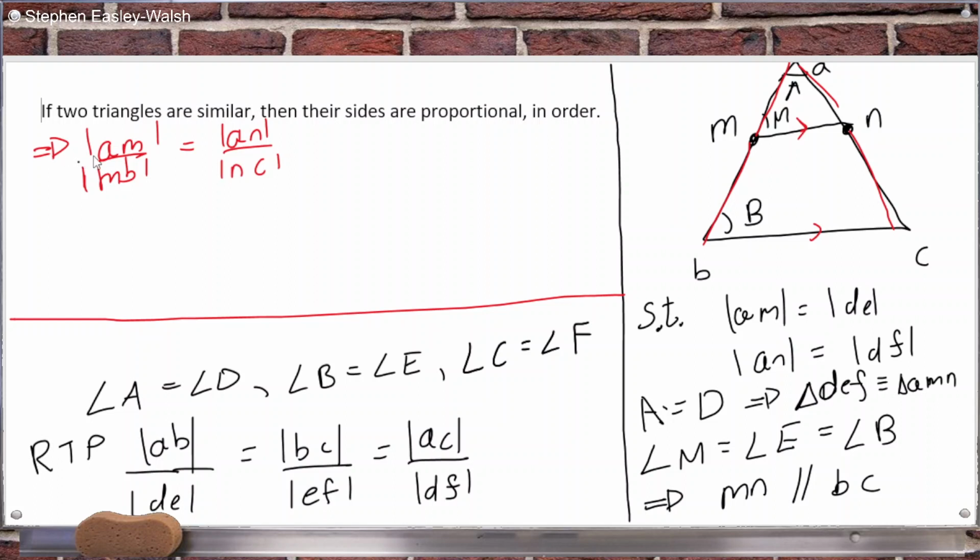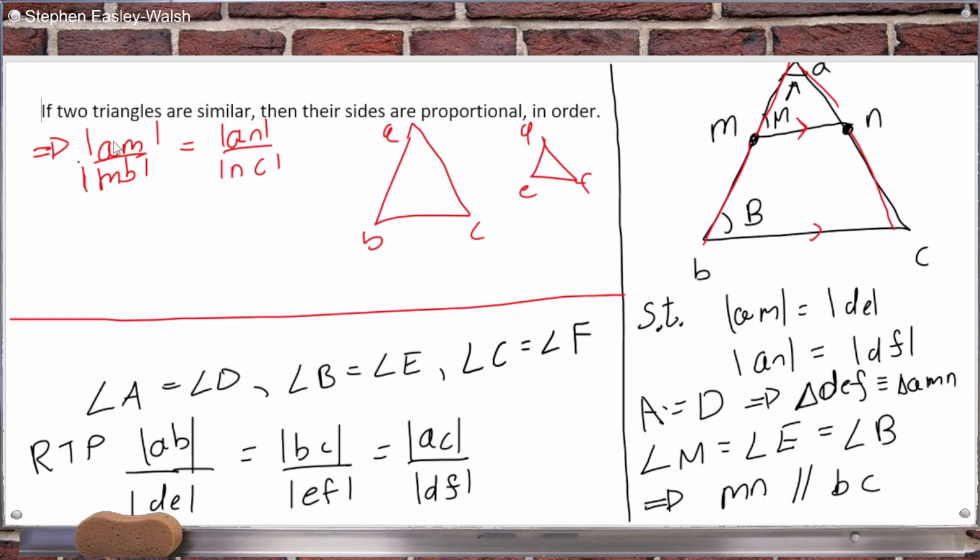AM, that's the same as, oh, I removed the triangle. I shouldn't have removed the triangles. What did I have originally? It was like this, ABC, wasn't it? And then the smaller one here was DEF.